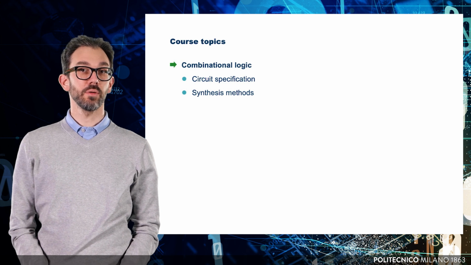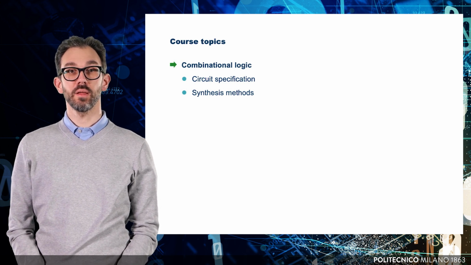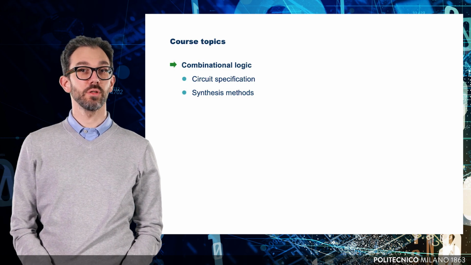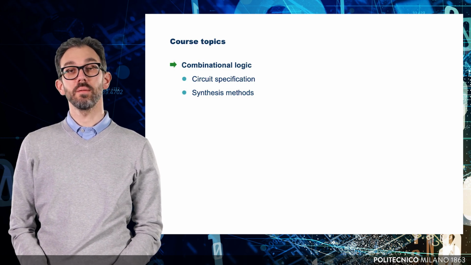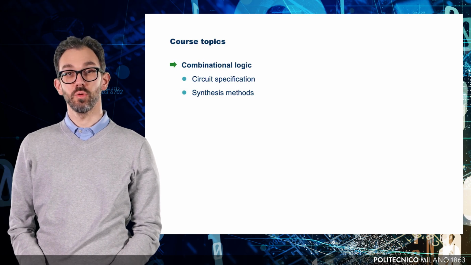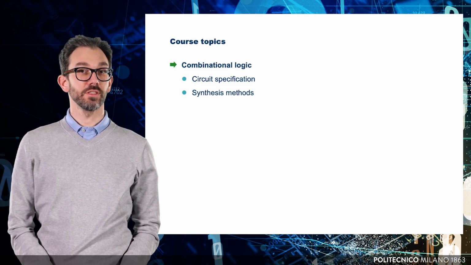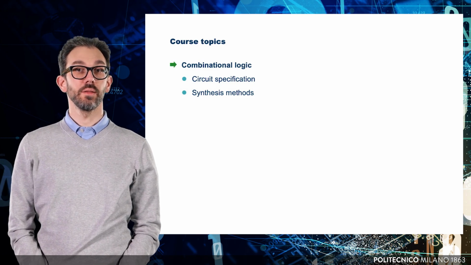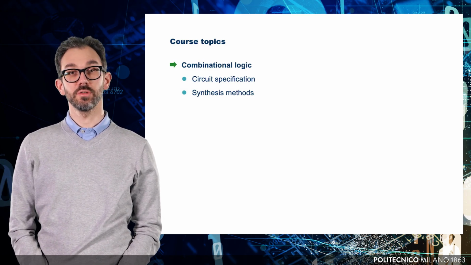We will examine various optimization algorithms, starting from exact methods, which are typically used to obtain two-level circuits, that is, circuits with a first level composed only of AND gates and a second level composed only of OR gates. We will see that due to the computational complexity of the synthesis process, these methods can only be applied to small circuits.